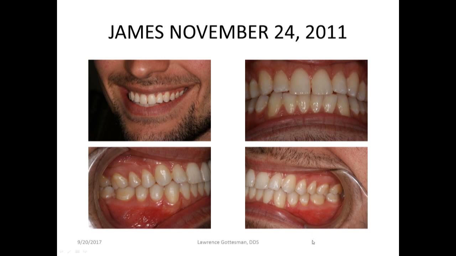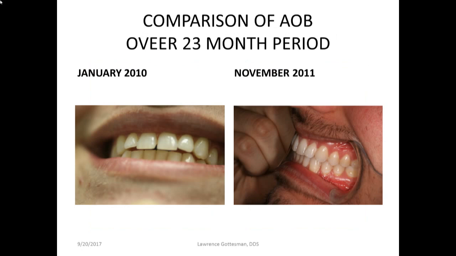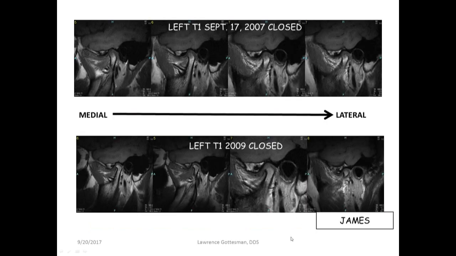Actually had to give him a toothbrush, a fresh toothbrush, to go to my bathroom. So here you can see, without any treatment at all, took the appliance away from him, we're able to get his bite close to normal. There's the side views. So there you see it. January of 2010 to November of 2011.